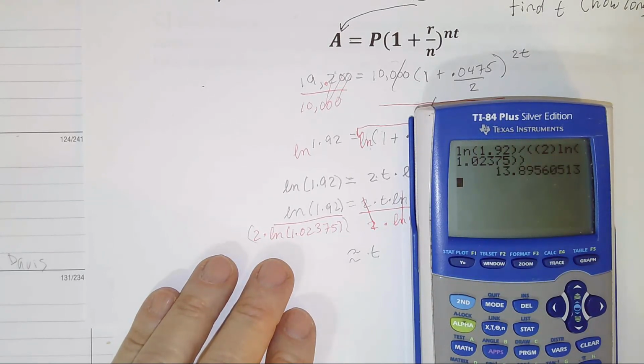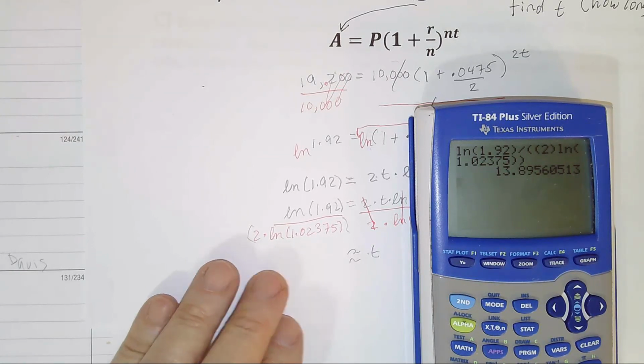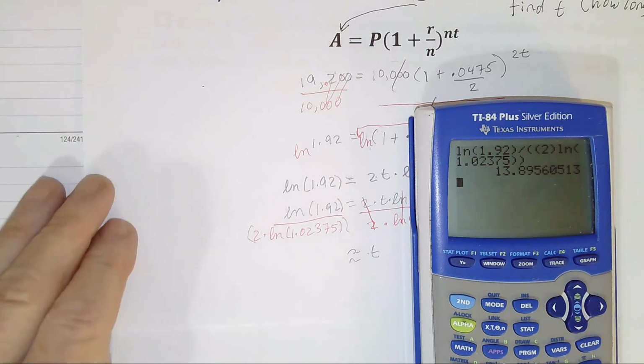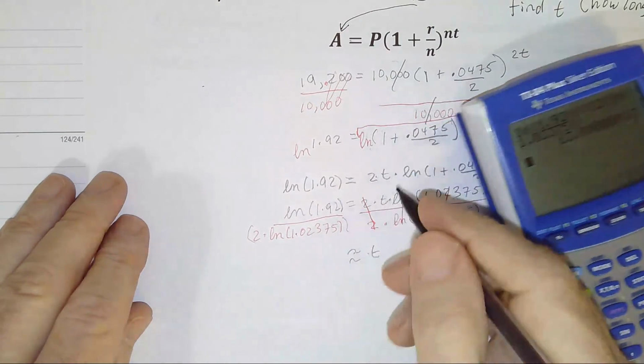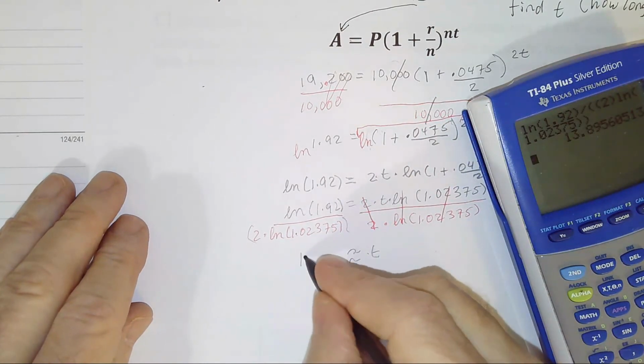Okay, so I get 13.895. We were rounding to the nearest tenth, so it's 13.9. So this answer is approximately 13.9 years.